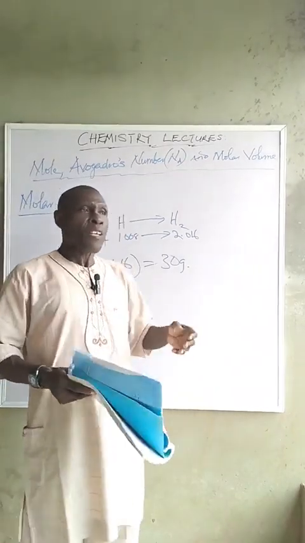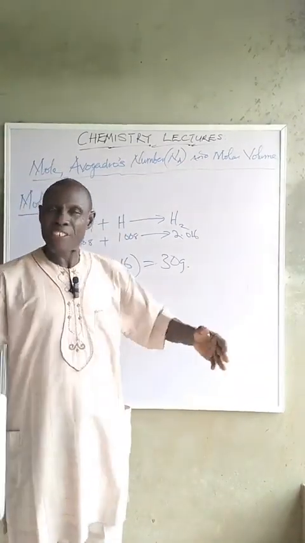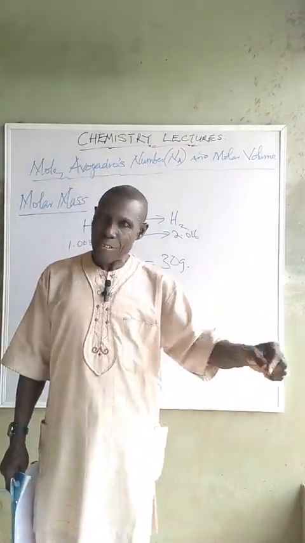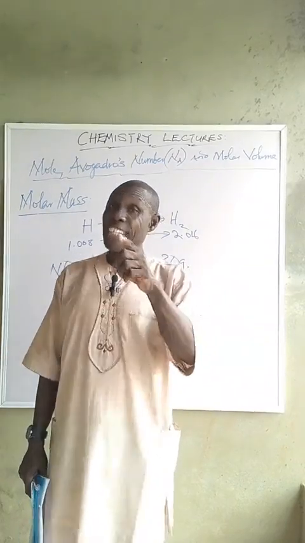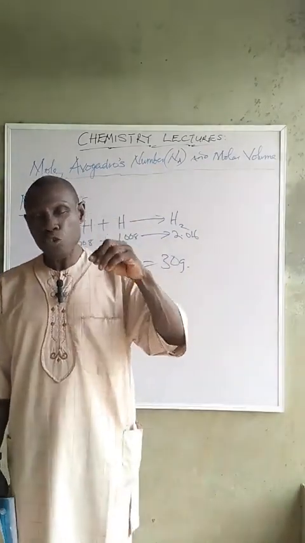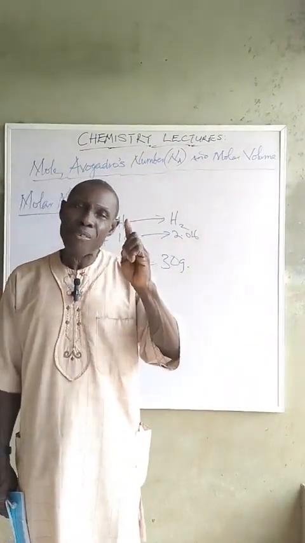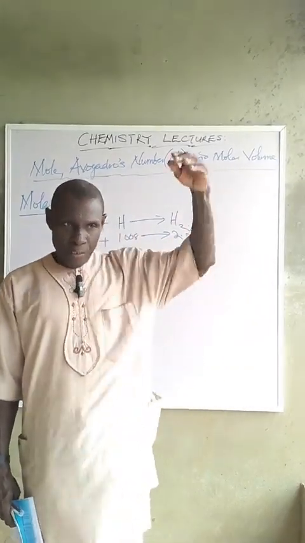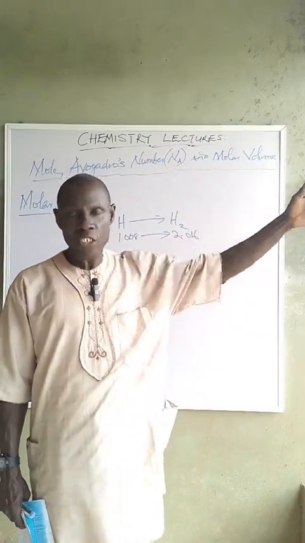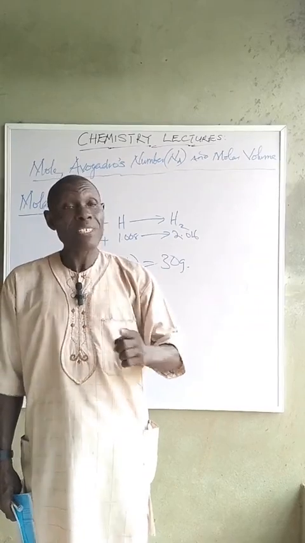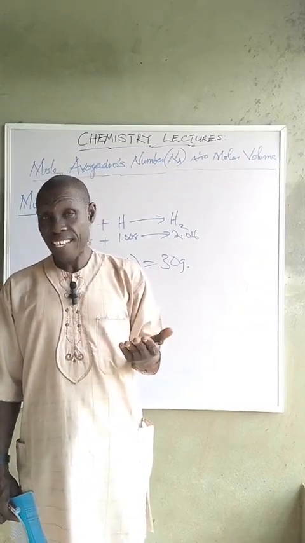So we can give you any chemical formula and you are able to determine the relative molecular mass. And that shows that as a chemistry student, you must be able to determine or know the relative atomic mass of elements. The first 20 are from hydrogen to calcium. That is compulsory for every chemistry student. If you don't know that, it means you're not ready for chemistry yet.